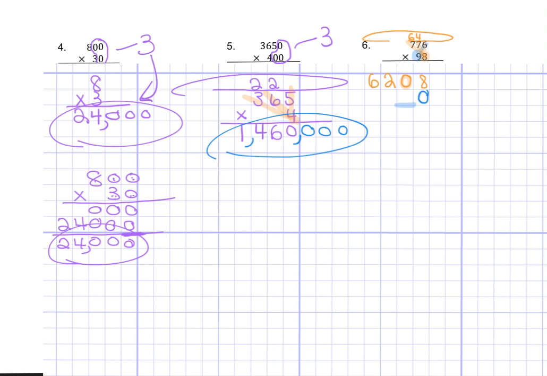And then we're going to start 9 times 6, another little addition bubble. 9 times 6 is 54. 9 times 7 is 63, plus 5 is 68. 9 times 7 is 63 again, plus 6 is 69.